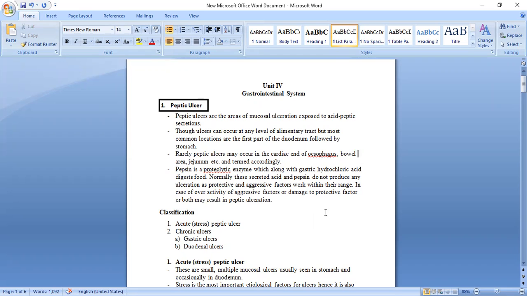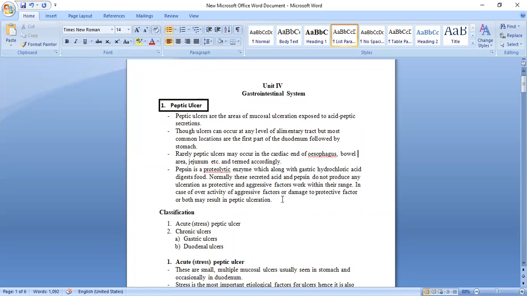But what happens in case of overactivity of the aggressive factors, or damage of the protective factors, or both? It may lead to peptic ulceration. If it secretes more, it is aggressive in nature.